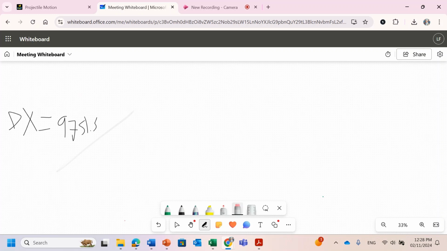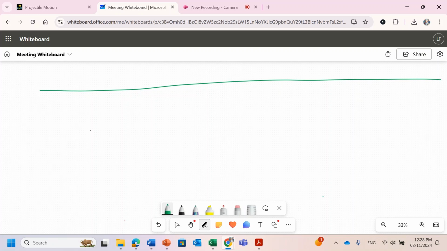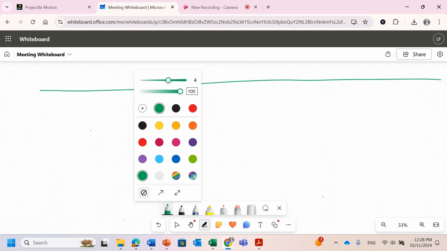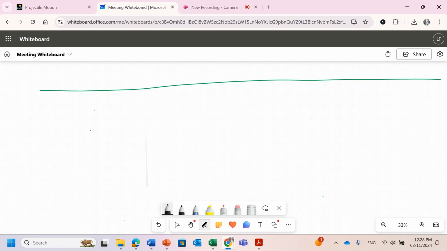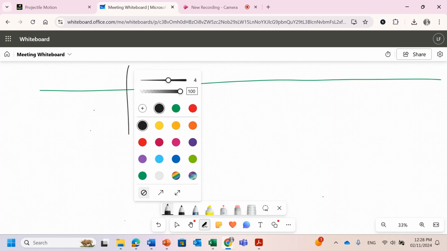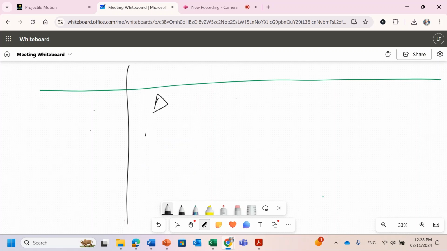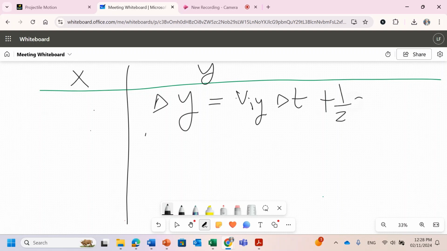So the second equation, I'm still here in Y. Delta Y equals V initial in Y direction times time plus half acceleration in Y direction times time squared.